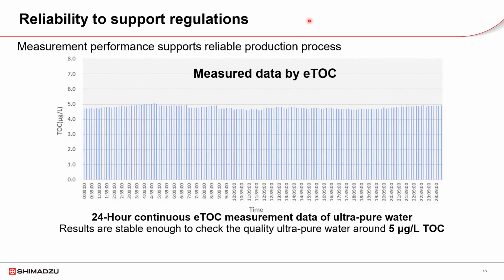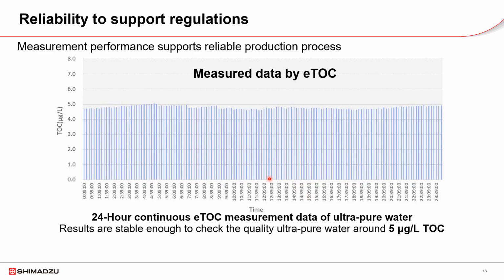One of the essential requirements of online TOC used in pharmaceutical is to meet detection limit or sensitivity requirement from a regulatory perspective. On this slide, you can see the measurement performance of TOC 1000E for 5 ppb level of TOC concentration.